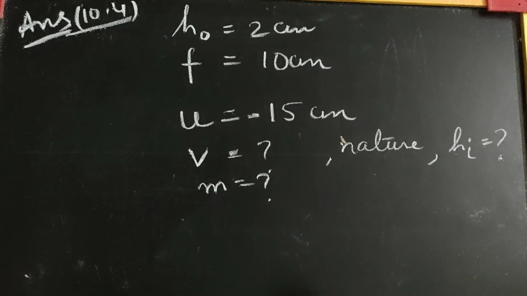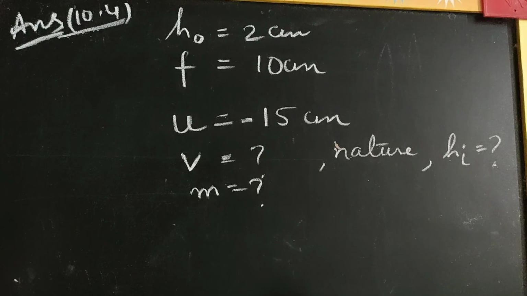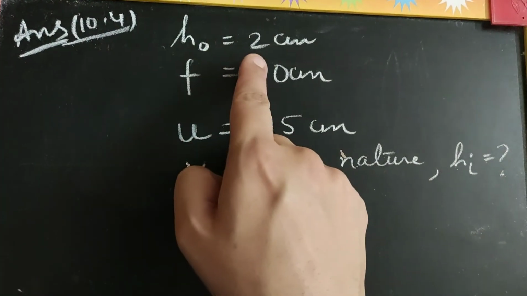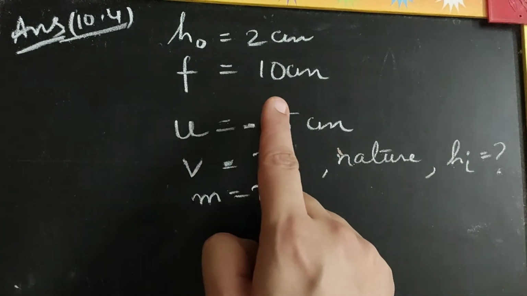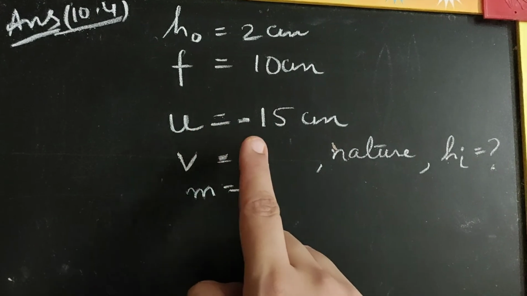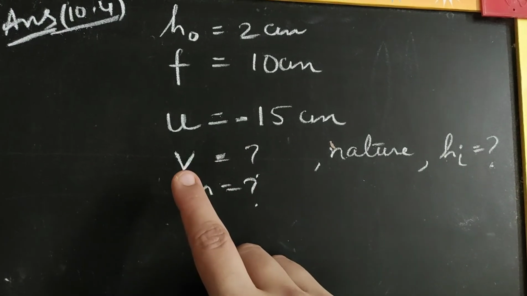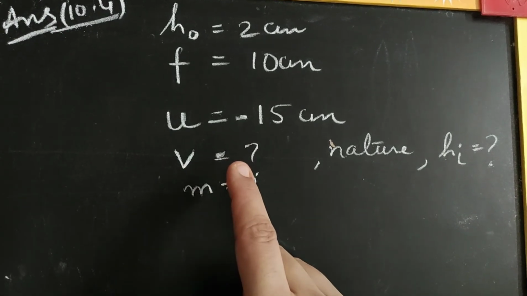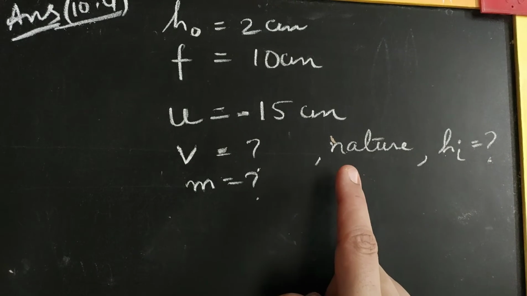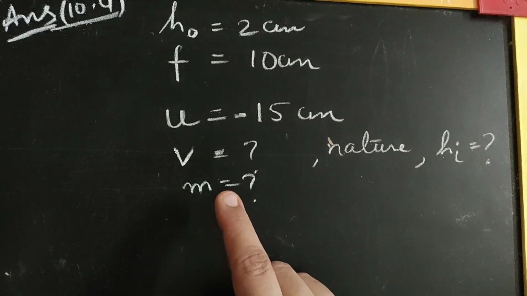So I hope the question is clear to all, what is to be calculated and what all data is given in the question. Height of the object is given 2 cm. Focal length of the convex lens is given 10 cm. Object has been placed at 15, so we take u as minus 15 cm. And image distance v is to be calculated. Also you have to find the nature of the image, height of the image, and magnification.